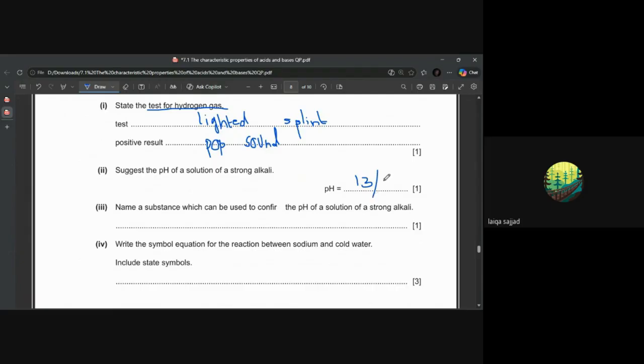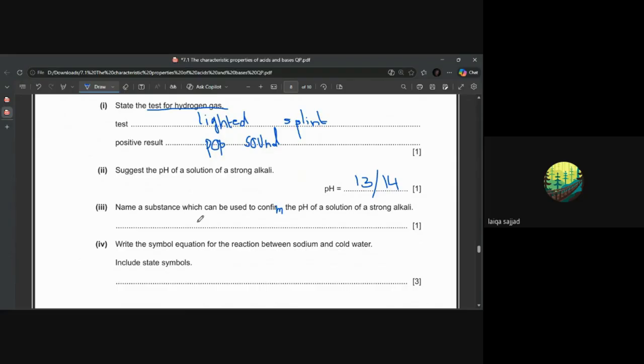Name a substance which can be used to confirm the pH of a solution of a strong alkali. Universal indicator.